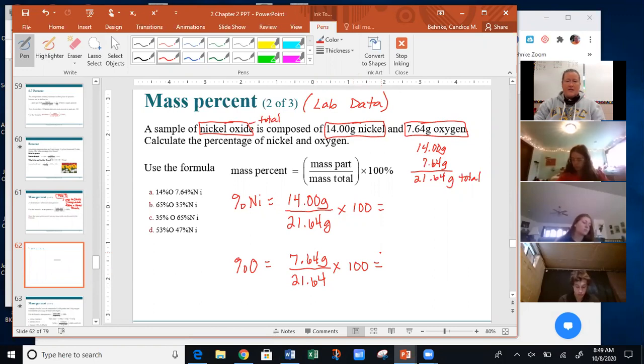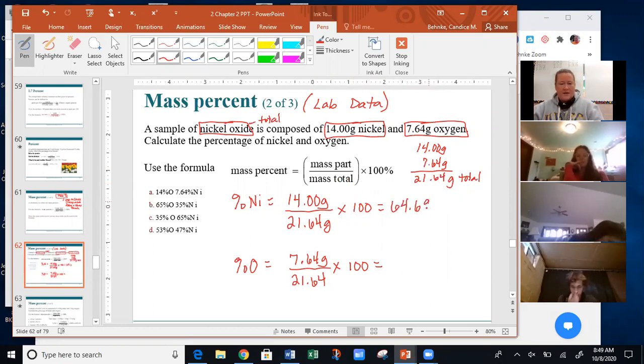And I'll do this in my calculator. 14 divided by 21.64. I'm a superstar today. I'm doing this without my cheaters. The calculator says 64.695%. And then I have 7.64 divided by 21.64 times 100.